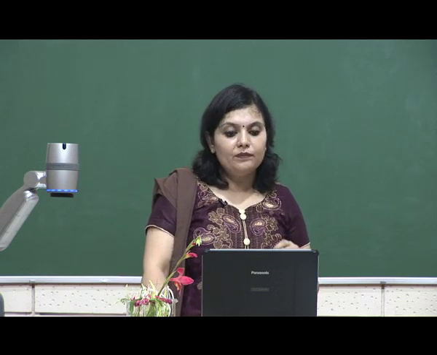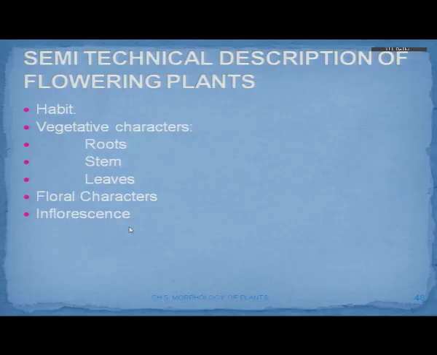Which kind of roots do they have, fibrous or taproot, the stem, the modifications that are present in the stem, the leaf, the shape of the leaves, the type of leaves, the phyllotaxy, everything is described in short. Then we come over to the floral characters. In the beginning, first of all, we describe the inflorescence, which kind of inflorescence is present, whether it is racemose or whether it is cymose.